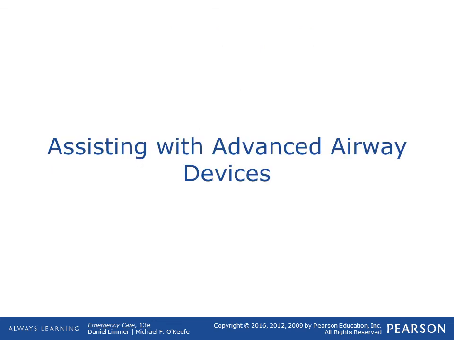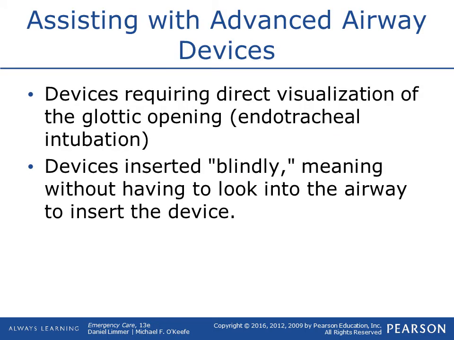Now we'll talk about assisting with some advanced airway maneuvers. There's more being taught about teaching EMTs how to help with techniques such as a paramedic intubating. There are two types of advanced airways.